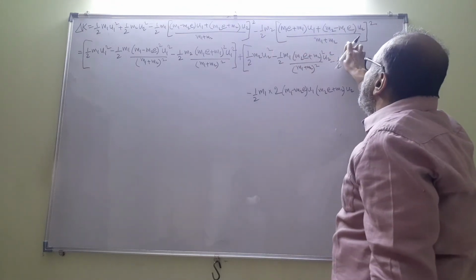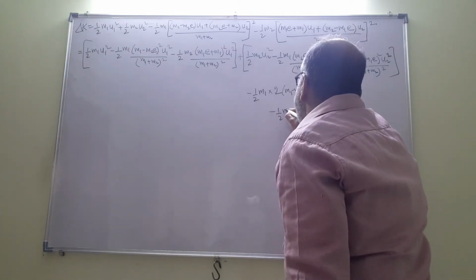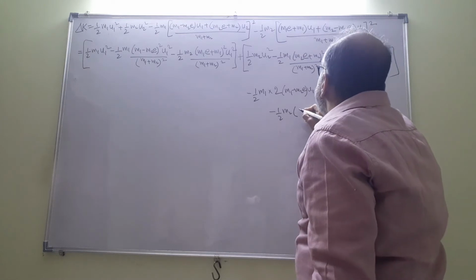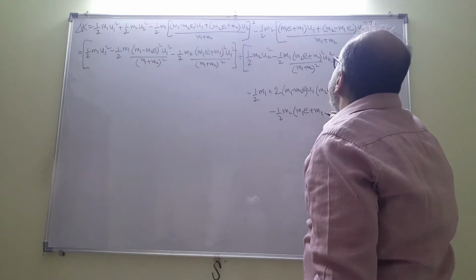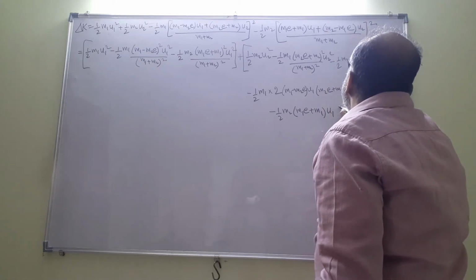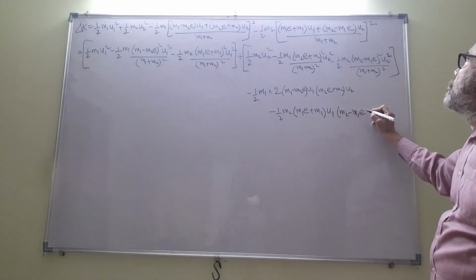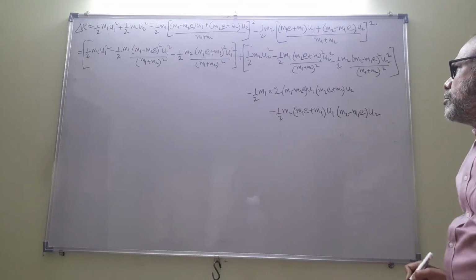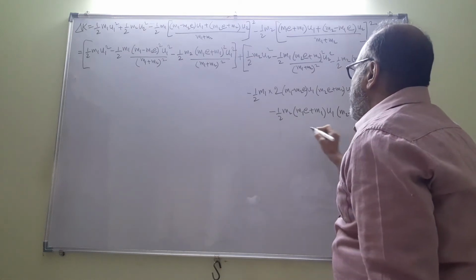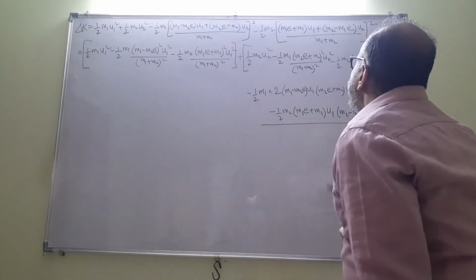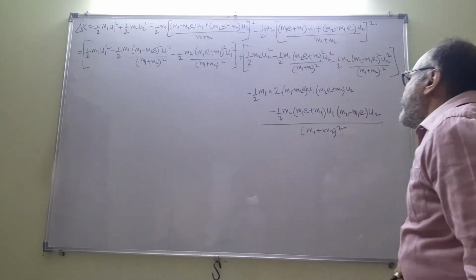Now the u1 u2 term for this expression will be minus half m2 into (m1 e plus m1) u1 into (m2 minus m1 e) u2, and of course this whole thing would be divided by (m1 plus m2) the whole square.